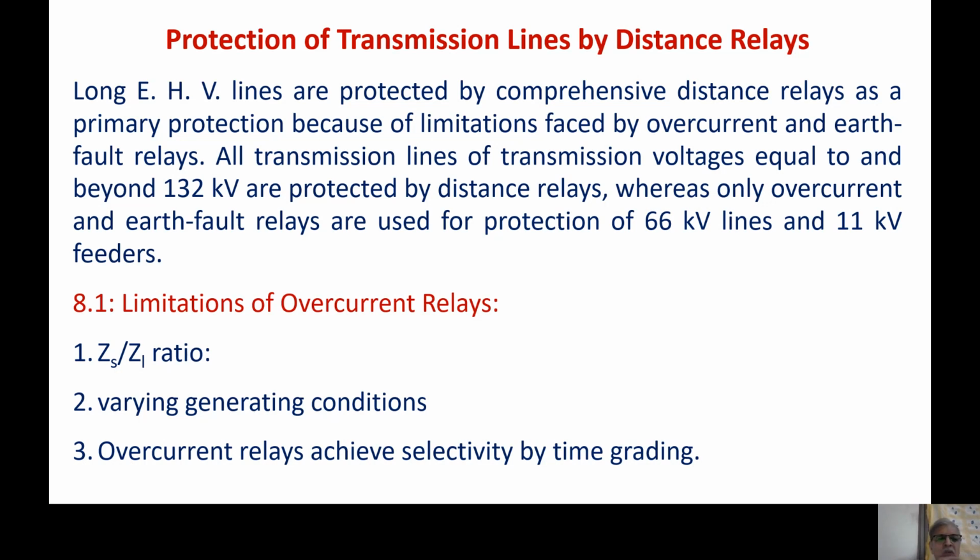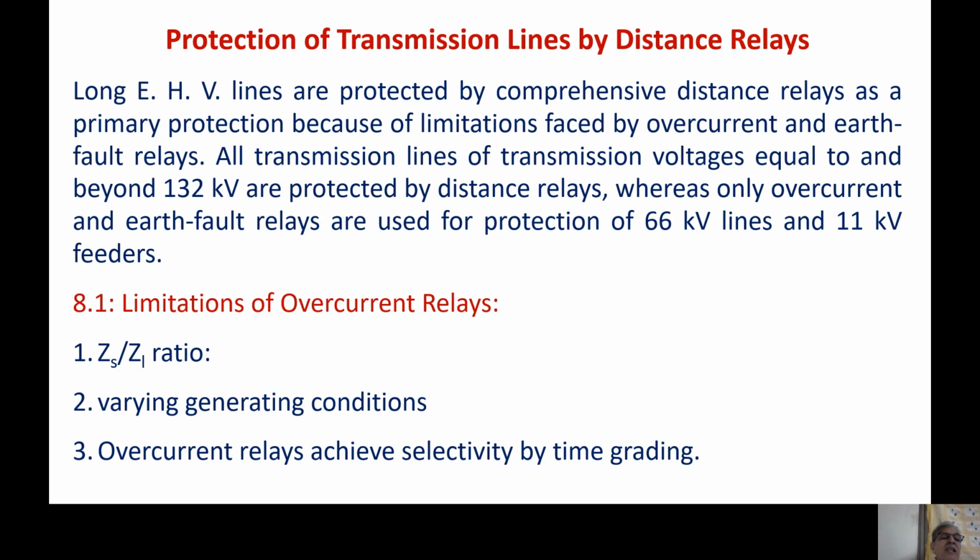One limitation of overcurrent relays is the ZS by ZL ratio, as we have talked about. ZS is the impedance from source up to the relaying point, and ZL is the impedance from relaying point to fault. Now, if ZS by ZL ratio is high, we had talked that the current is equal to E upon ZS plus ZL.